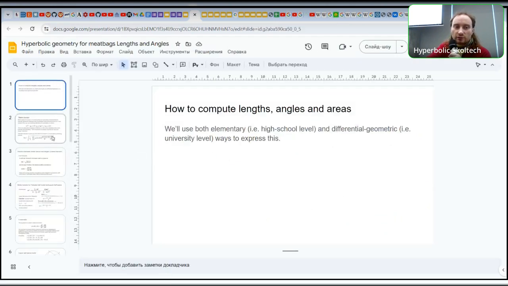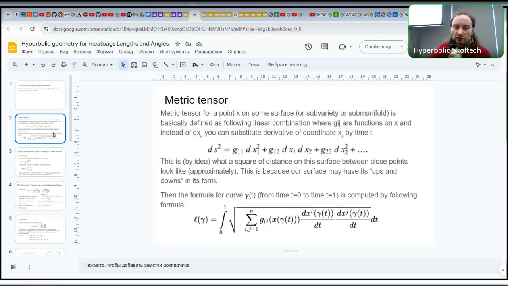And this is the part where we stopped. So I introduced metric tensors. I even tried to compute one metric tensor, but I made a mistake last time. So I will correct my mistake in the final lesson.